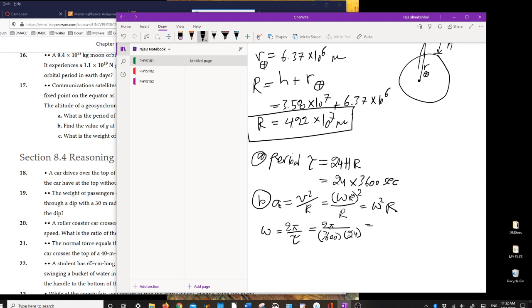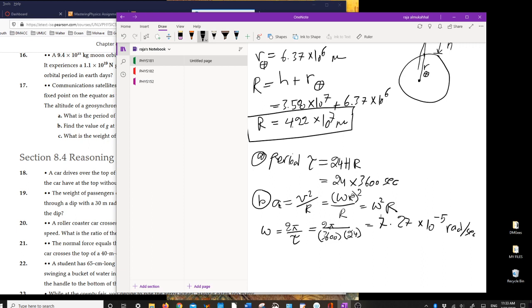That gives me that, and then I divide by 6.28. If I did it correctly, I have 7.27 times 10 to the power of -5 radians per second. Please check my work.